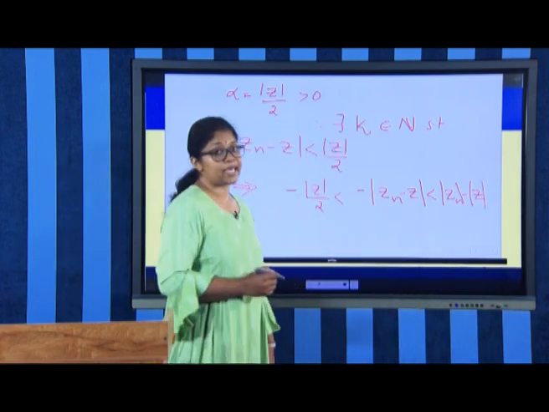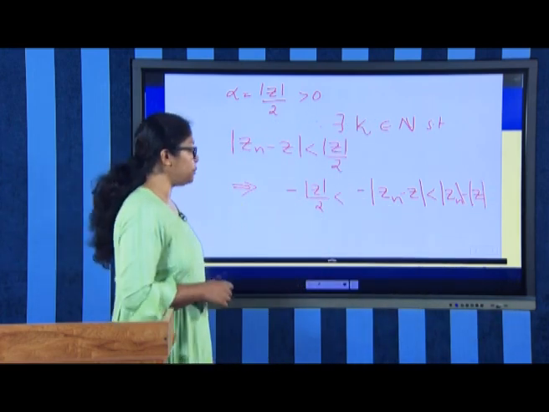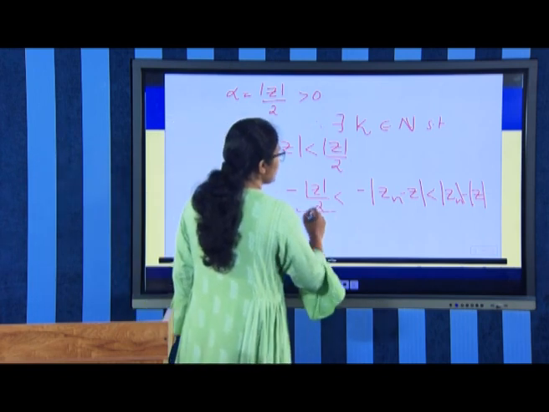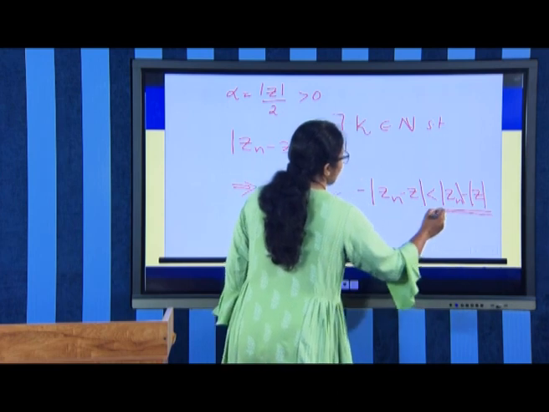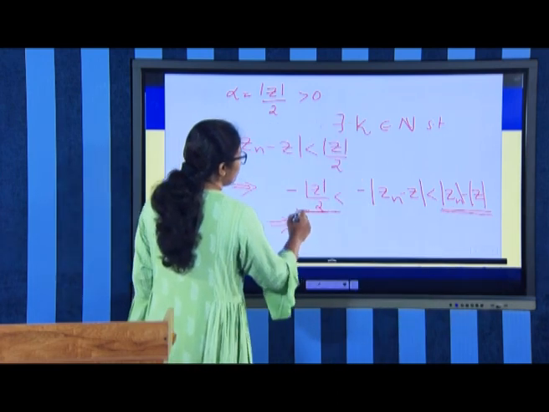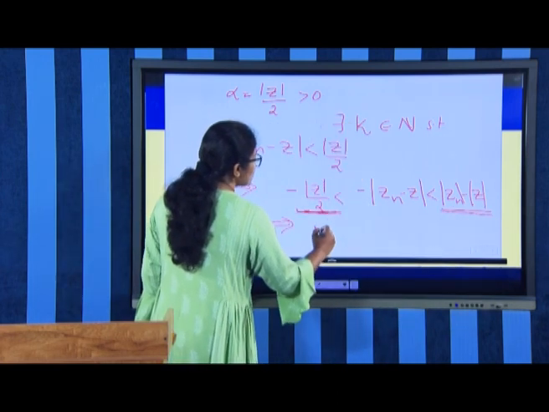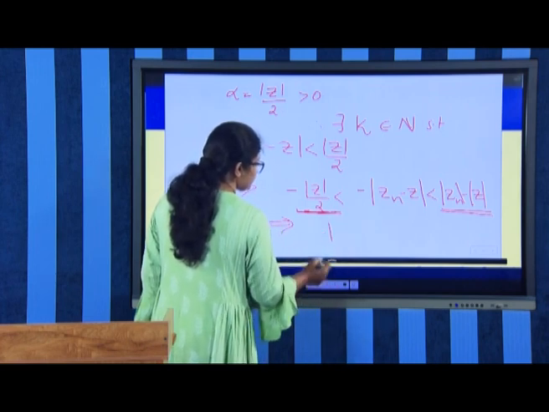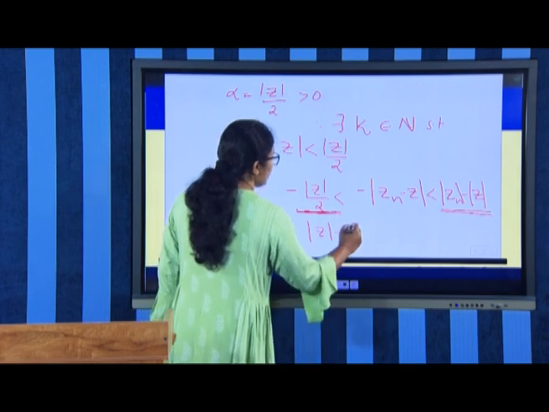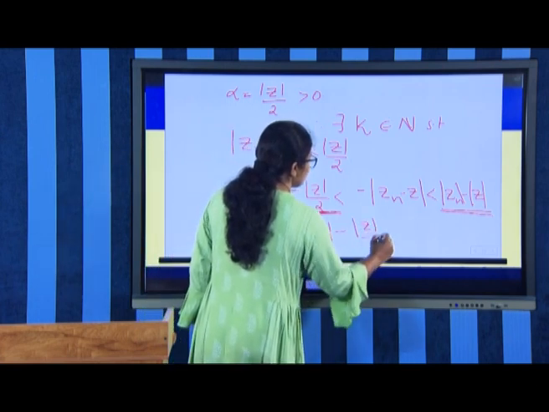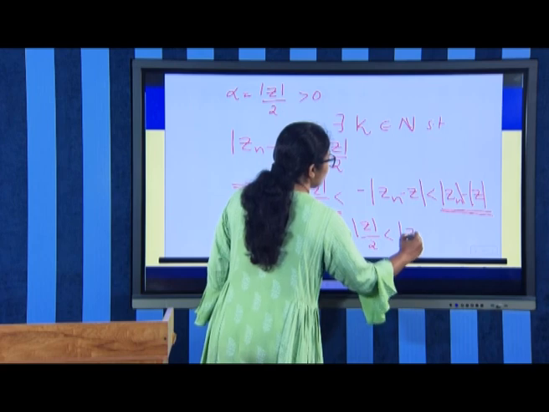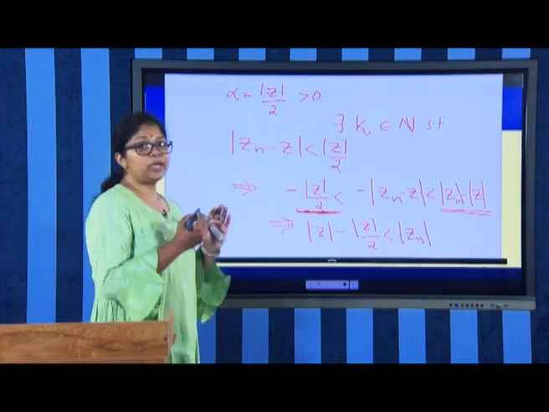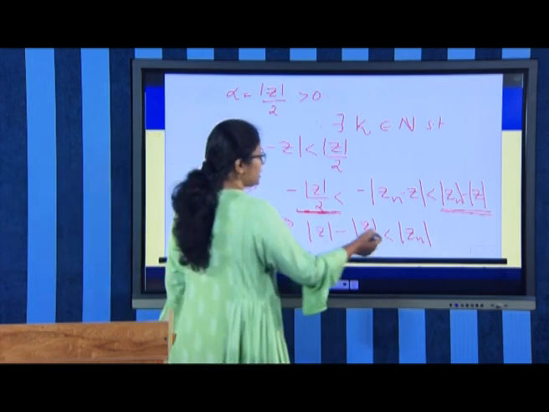Modulus of b minus a is less than mod a minus mod b, and using this, the first and the last part of this inequality, we will be getting modulus of Z minus modulus of Z by 2 is less than mod Zn. Now, why we are doing all this, we will see in later session.